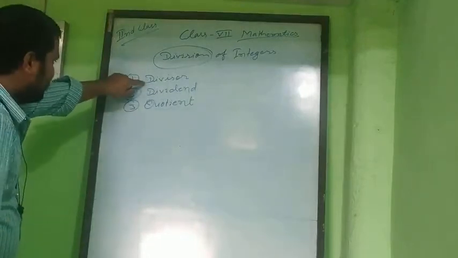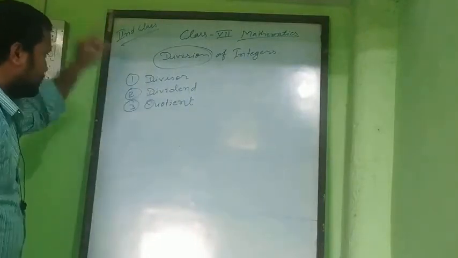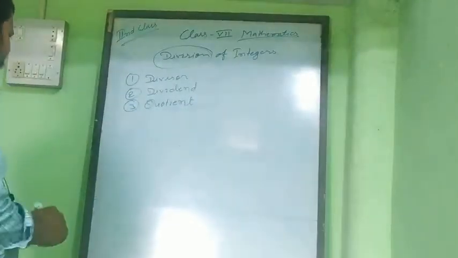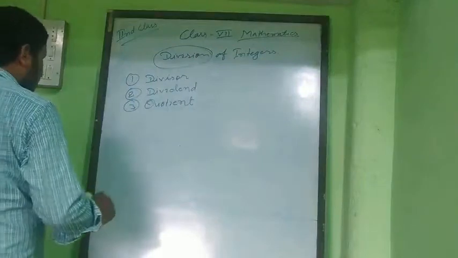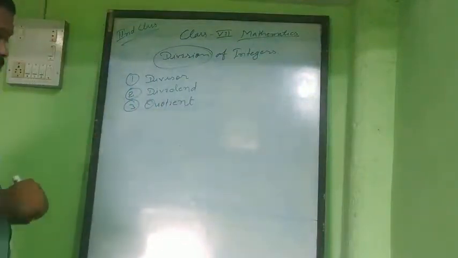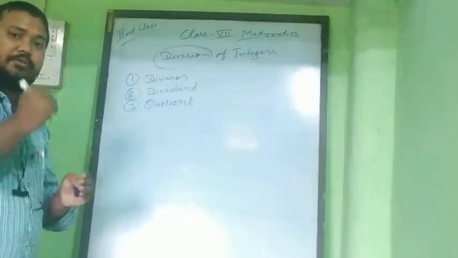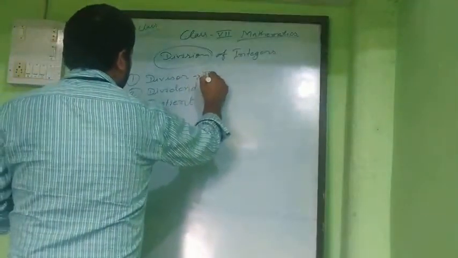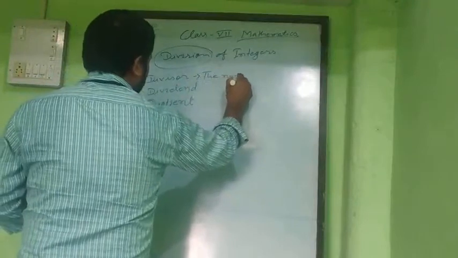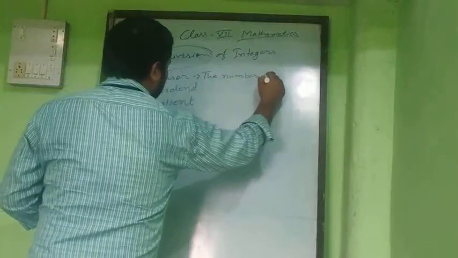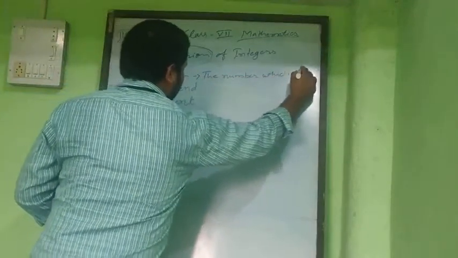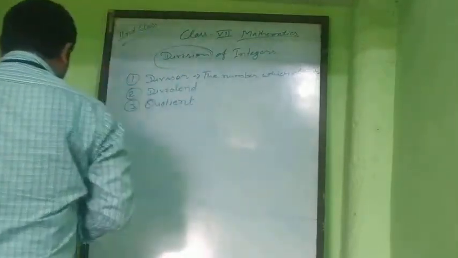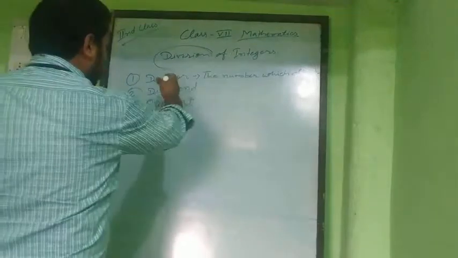What is divisor, what is dividend and what is quotient? Divisor, the number which divides, is called divisor.